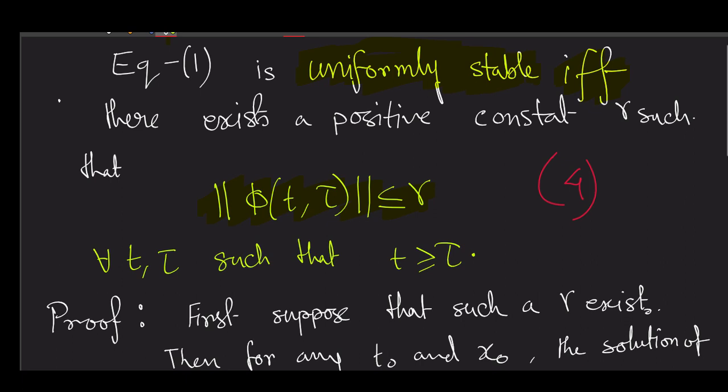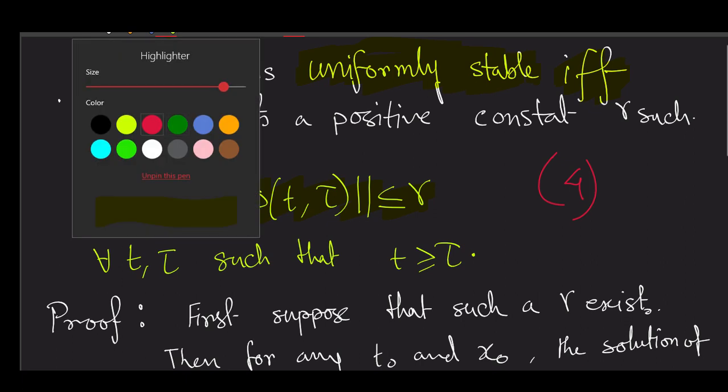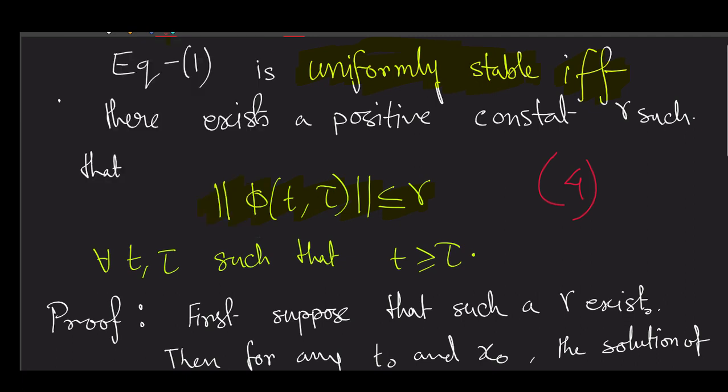The solution is bounded by a positive constant, not the solution, sorry, excuse me, it is the transition matrix itself that is bounded by gamma.